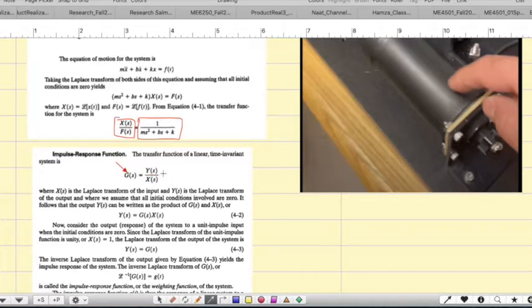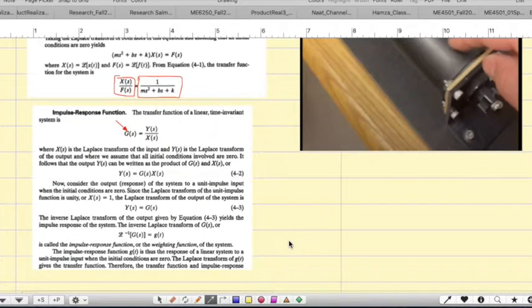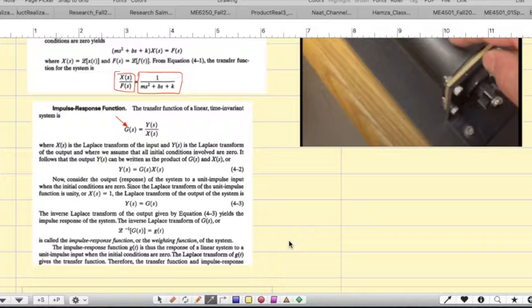This y is our output and input is our x. So if you know this transfer function, then you can find out y of t, and y of t is the output response, the response in the time domain.